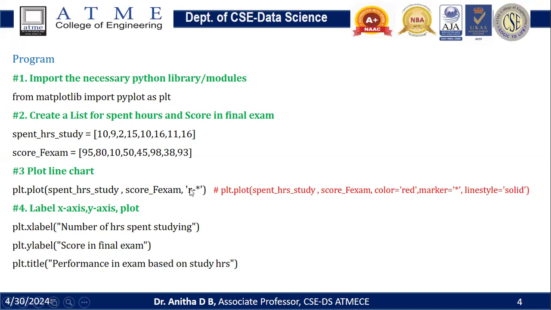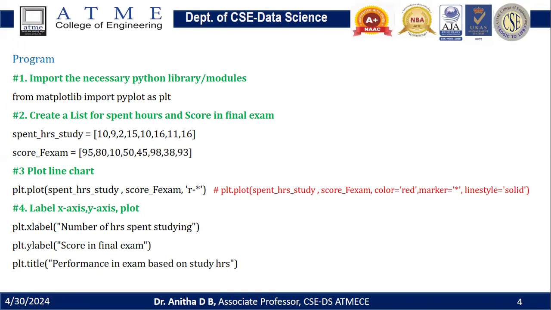And the third parameter gives the style of the graph, that is 'r-*', r hyphen star. R indicates red color, that is the chart you will get is in red color. Then hyphen indicates a solid line and star indicates the marker for every point.